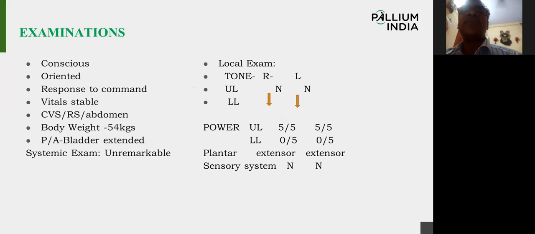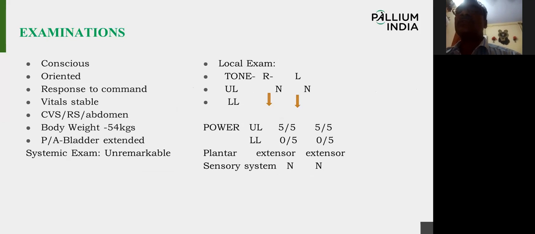On examination, the patient was conscious, oriented, responding to commands, vitals stable, all other systems normal except a distended bladder. On local examination, tone in both upper limbs was normal. In the lower limbs, tone was decreased in both.